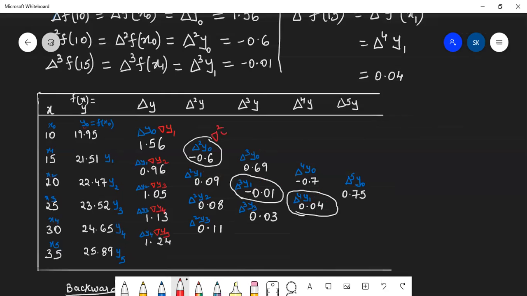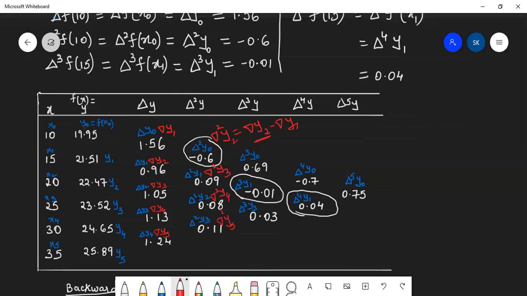What is this? Backward delta y2 minus backward delta y1. So I should denote it with y2. I'm really sorry. This will be backward delta square y2. Then this value will be backward delta square y3. This will be backward delta square y4. This will be backward delta square y5.